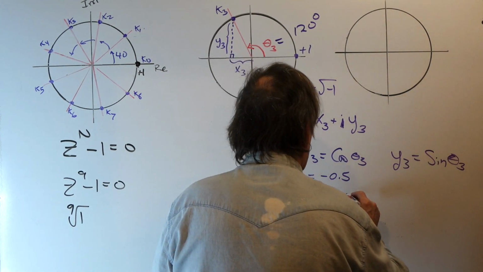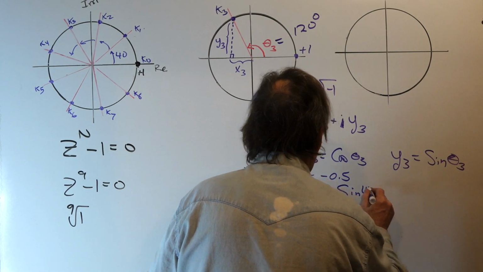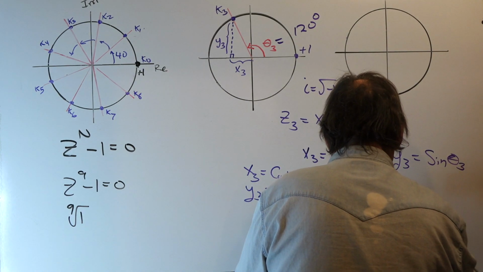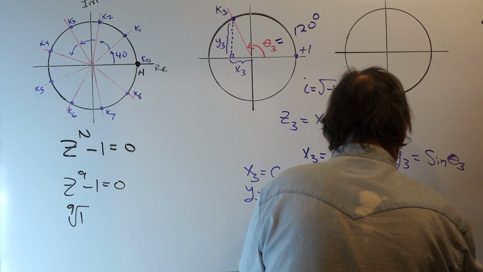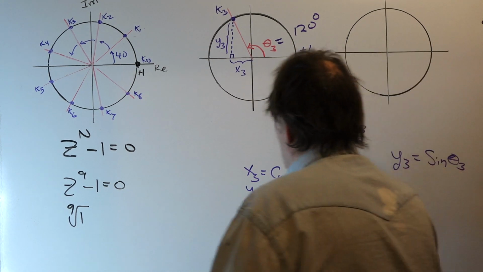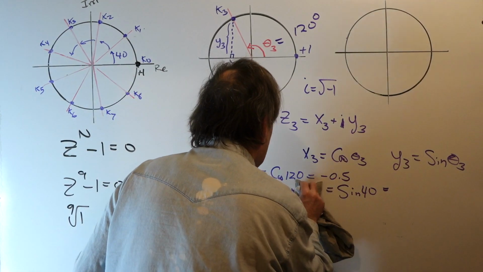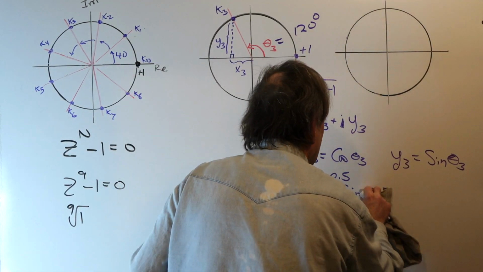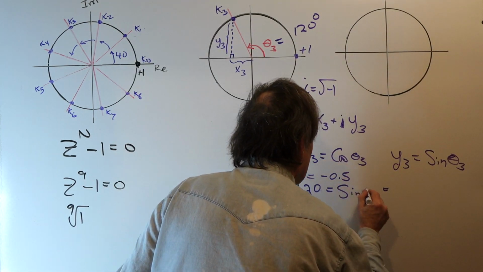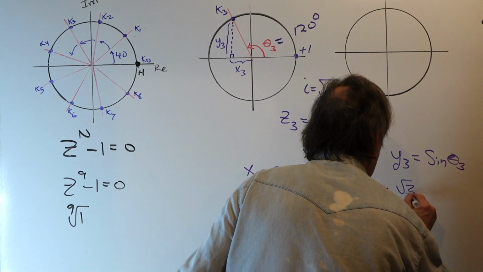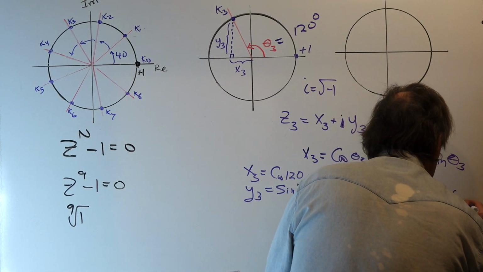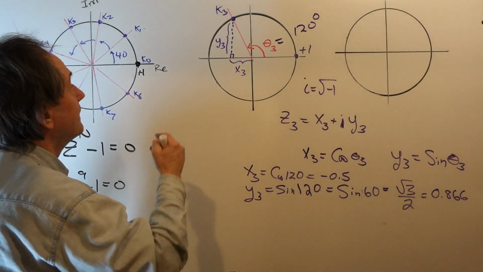It's positive, and this value, the sine of 120, is the same as the sine of 60. Sorry, that's the sine of 60, which is the square root of 3 over 2, or about 0.866 in decimal form.